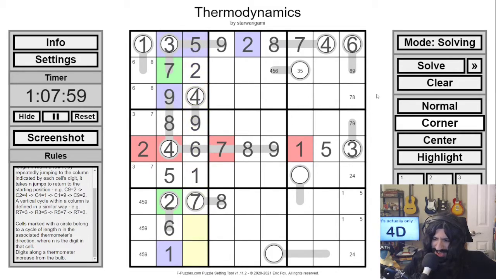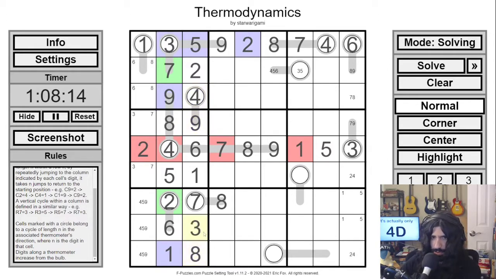Which is 8, 3? 3, 8 pair. So let's check this again. 4, 9. If this was a 3, it would be a 3 cycle. So this must be an 8. Which means this must be a 3. So 8, 3, 4, 9. This is the 4 cycle. We have satisfied the 4 cycle conditions. Which is dope.